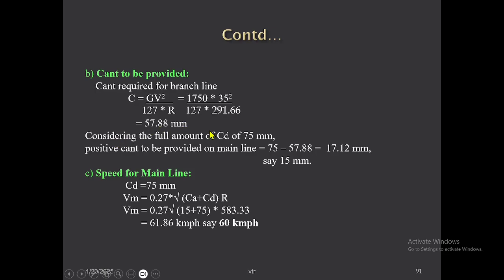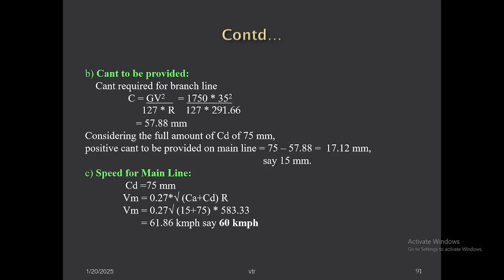So here what we are doing, as I already told, when we provide superelevation to the turnout, that becomes negative superelevation for the main line. But when you provide superelevation for the main line, that becomes negative superelevation for the branch line. But normally we run trains at higher speed on the main line.